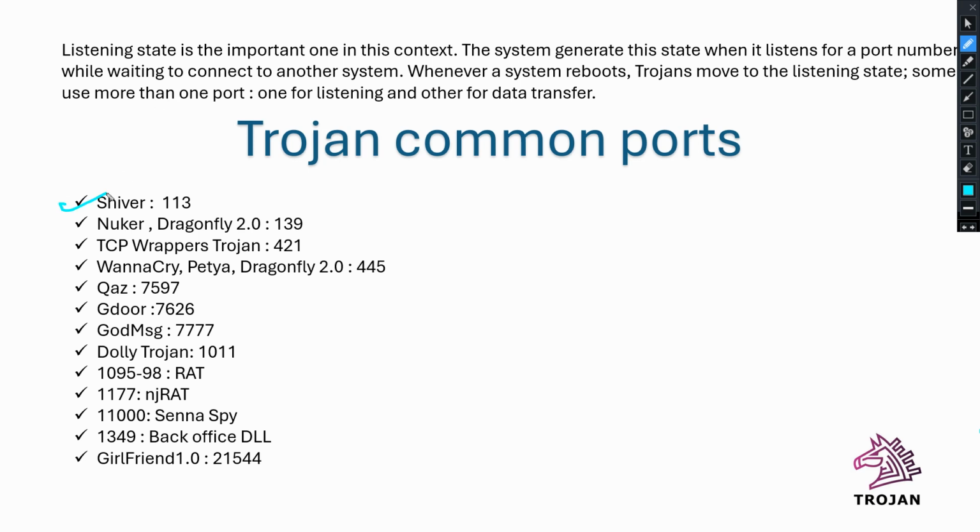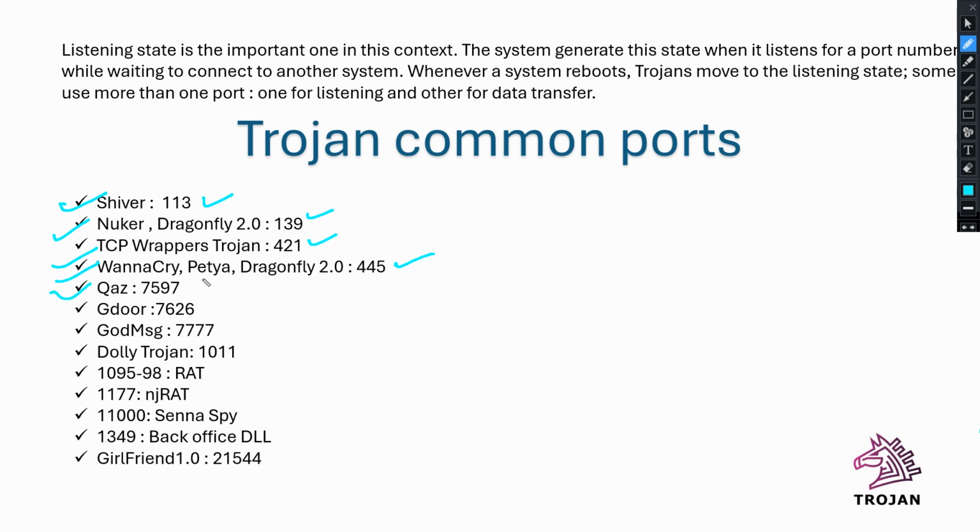Like Shiver is using port 113, Dragonfly 139, TCP Wrapper Trojan 43421, WannaCry, Petya, Dragonfly 2.0 use 445. 445 is normally used for SMB, but here the Trojans use this port.